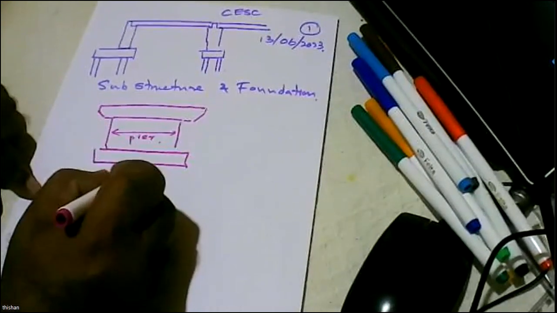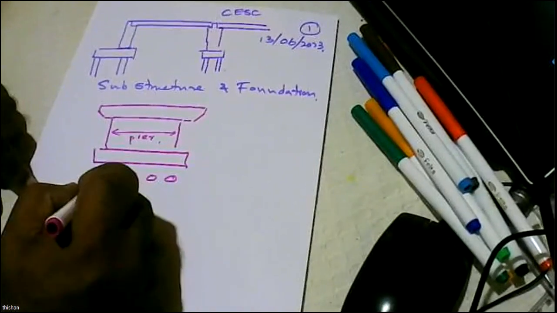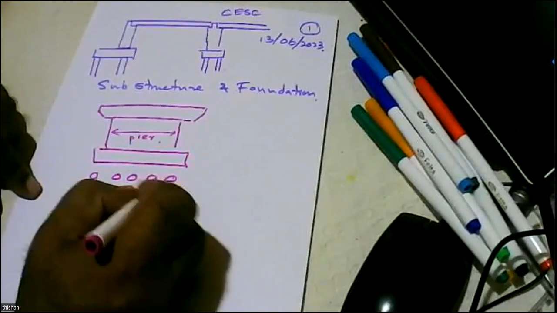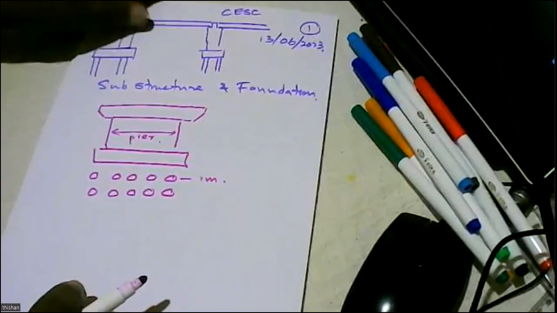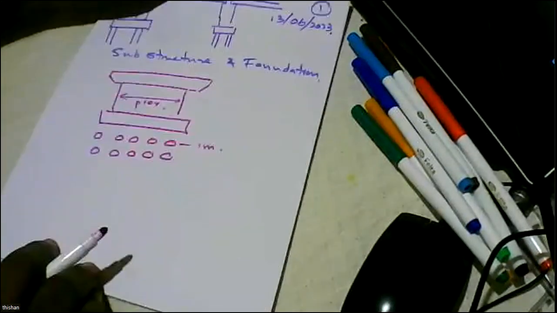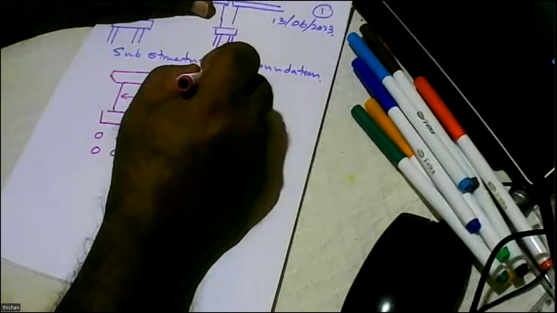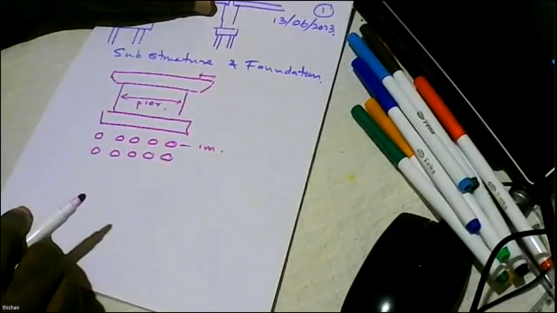They had about 10 piles as far as I can remember, like this, each 1 meter diameter, and the cantilever part is small.